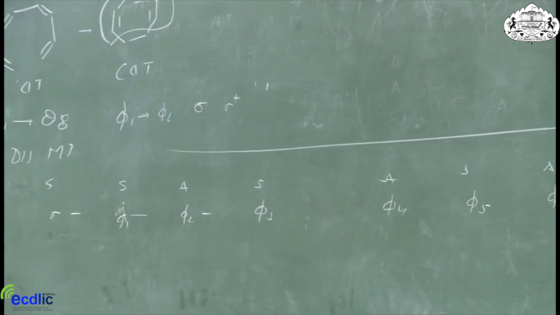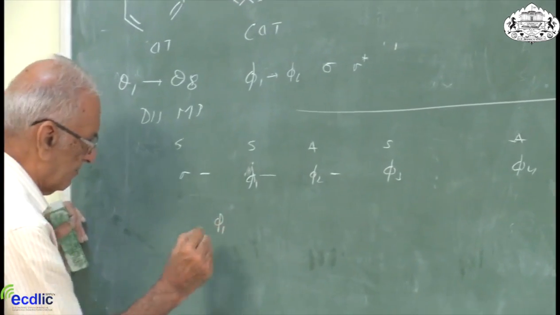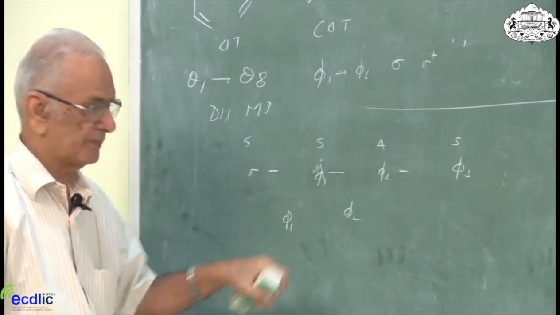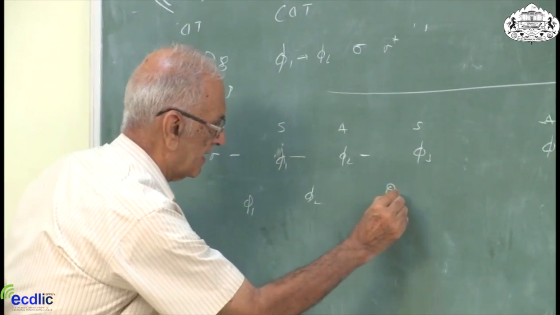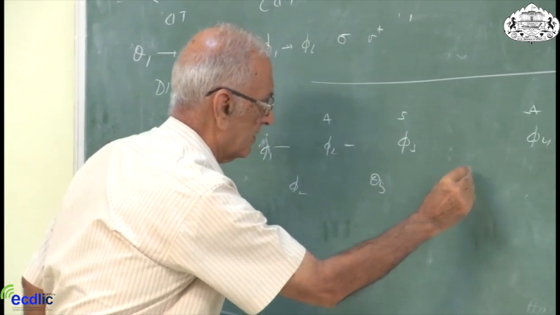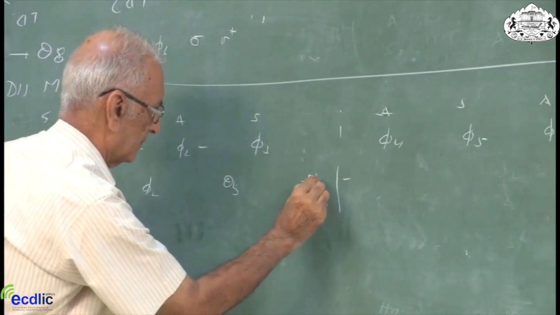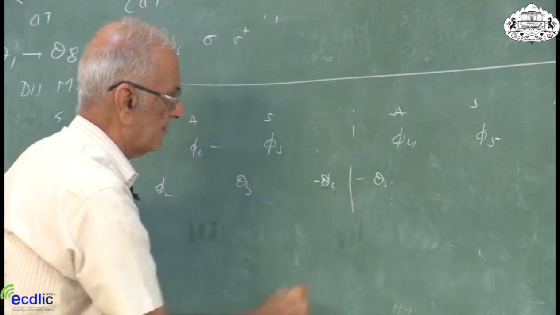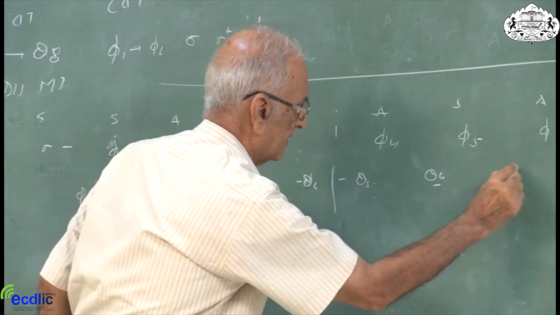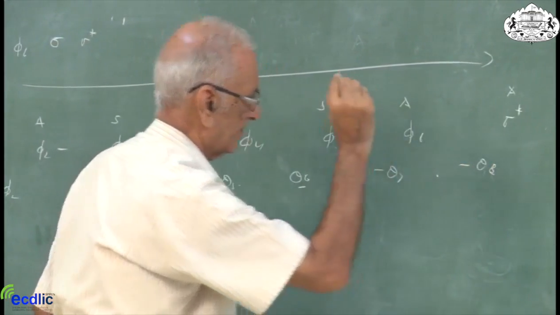Now you put the 8 orbitals. Theta 1 will be here, theta 2 will be between these two, theta 3 will be between these two, theta 4 will be here, theta 5 will be here, theta 6, theta 7, theta 8 will be here.